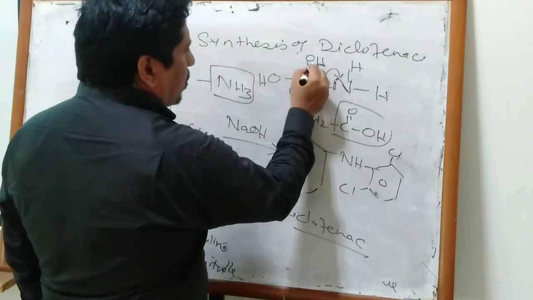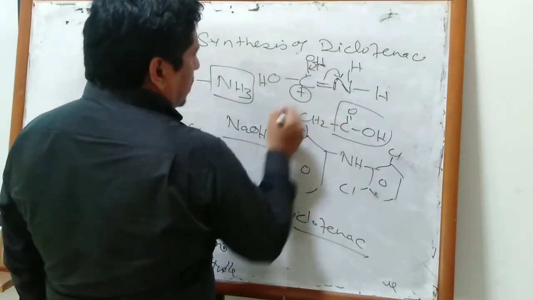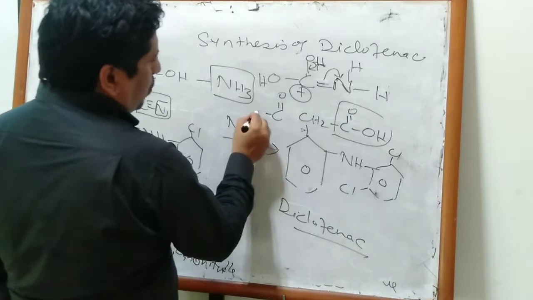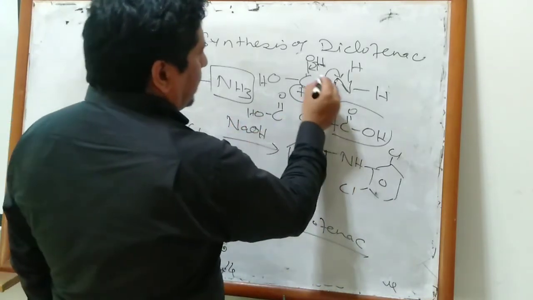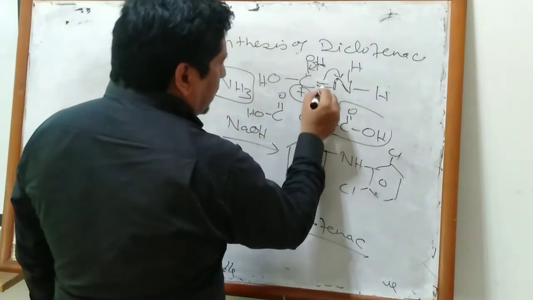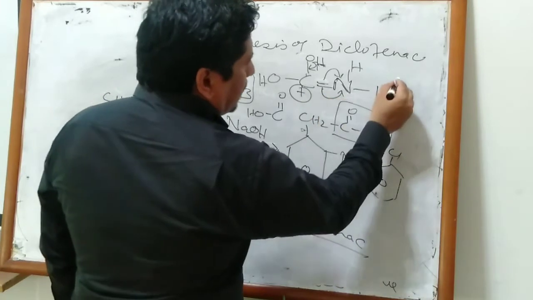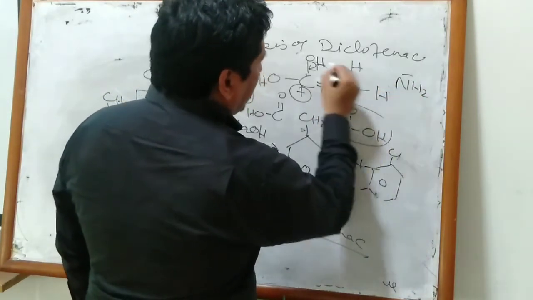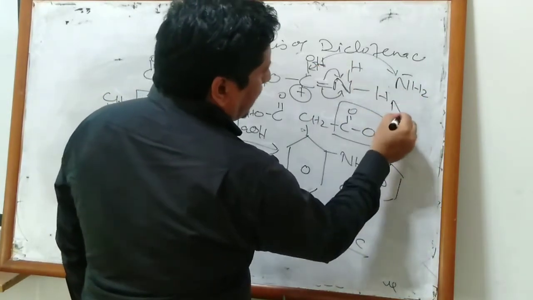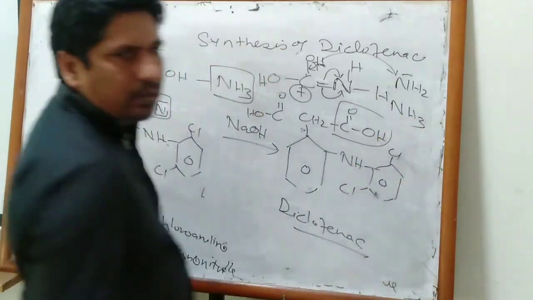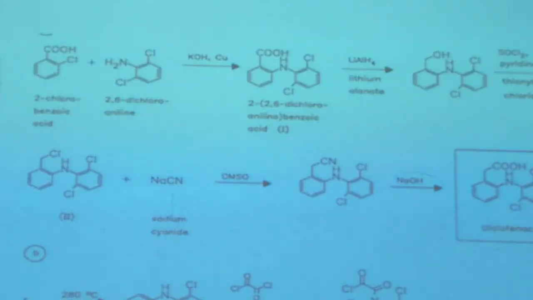Ultimately, one of the protons is lost, so C double bond OH will be formed, and that bond will be fragmented, NH2 negative, and that proton will get attached, so NH3 will be formed.